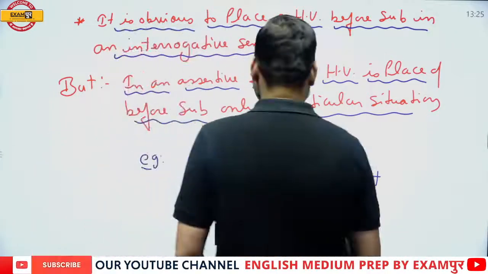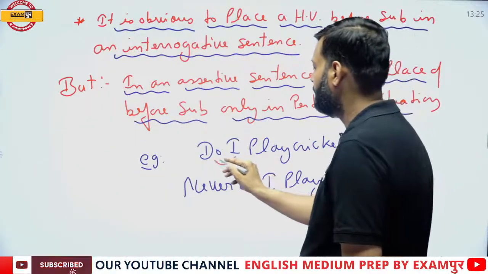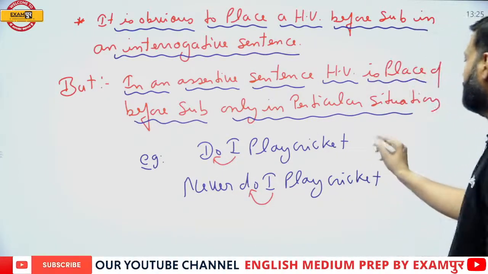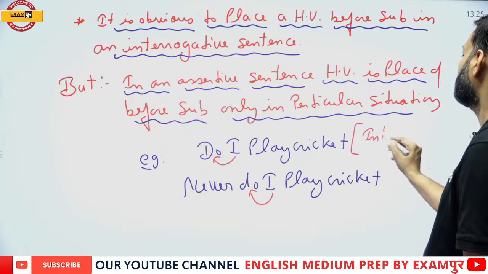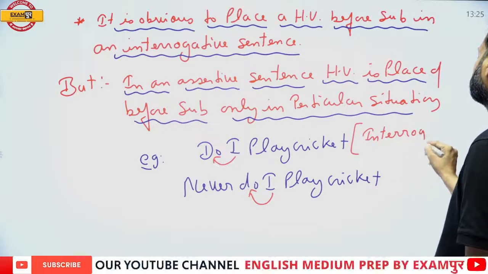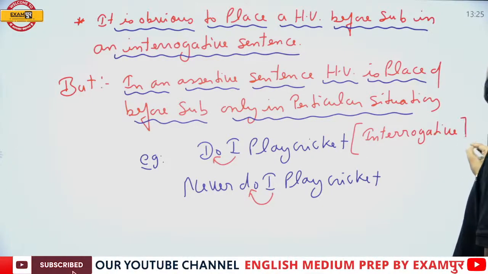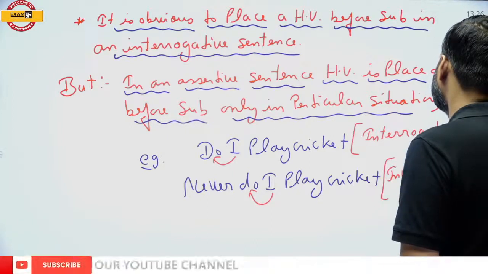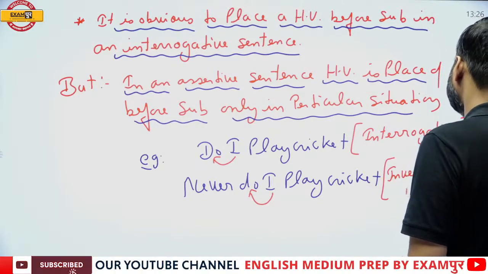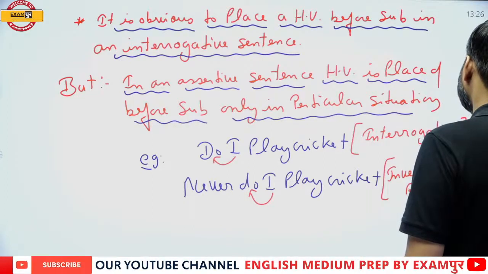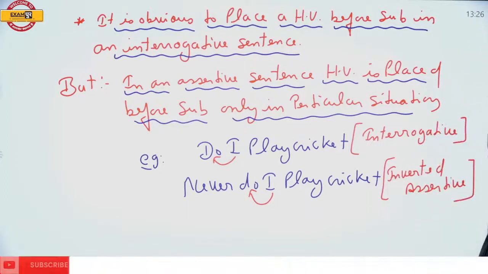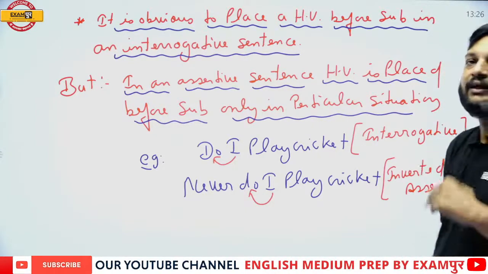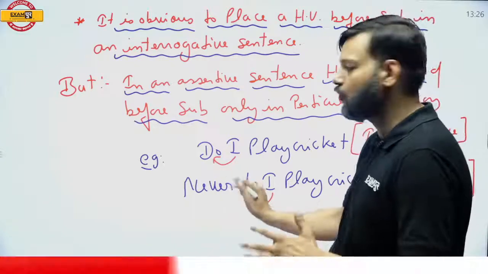Here, if you see, helping verb is before subject, and in this sentence too helping verb is before subject, but this sentence is interrogative and this sentence is inverted assertive. So the first sentence is interrogative, while the second sentence is inverted assertive. This sentence is not interrogative.